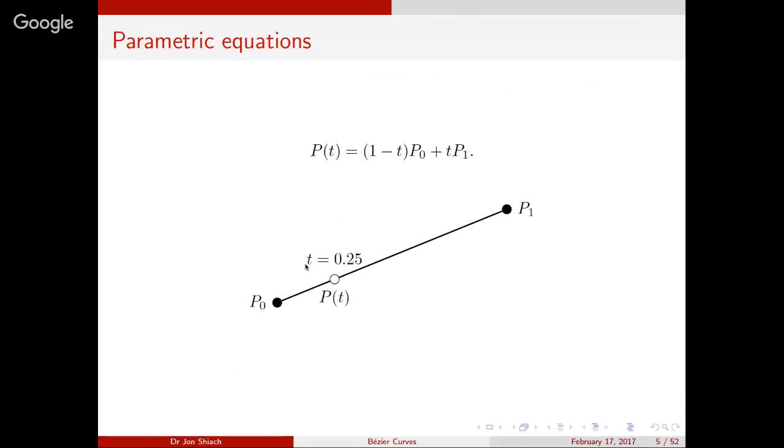If I increase t to, for example, a quarter, we'll have 0.75 times P0 plus 0.25 times P1, and we're a quarter along the line between P0 and P1. A half, we're halfway along the line, half of P0 plus half of P1, and when t is 1, we're at P1. So t between 0 and 1: when t is 0, we're at the first point, when t is 1, we're at the second point, and when t is somewhere in the middle, we're somewhere in the middle.